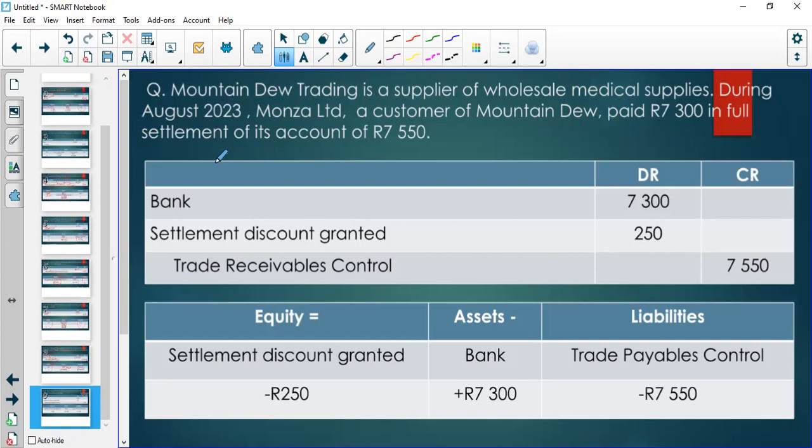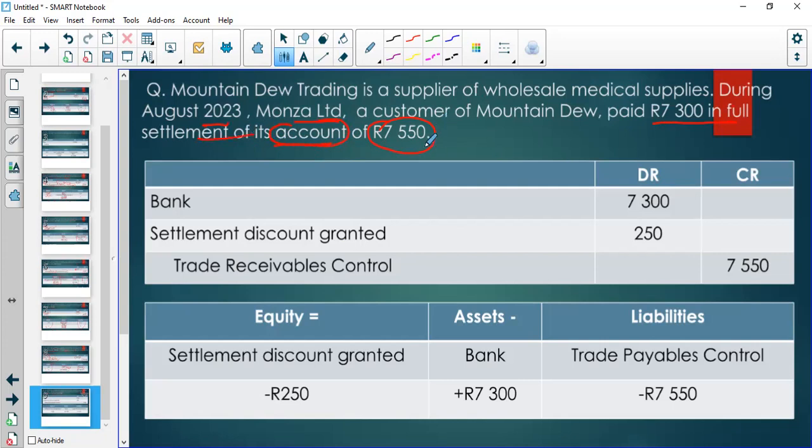All right, so during August 2023, a customer called Monza Limited paid 7,300 in full settlement of its account of 7550. So this customer had bought on credit before, so they were settling their account.